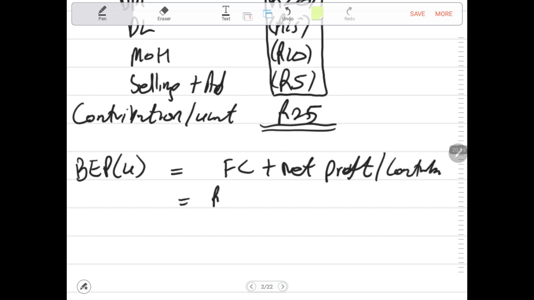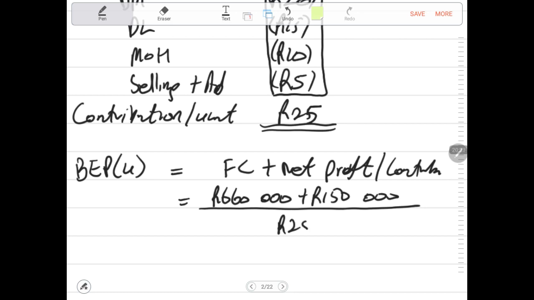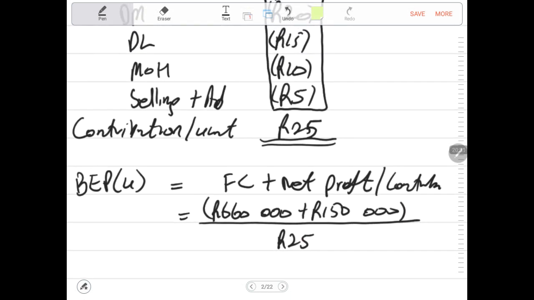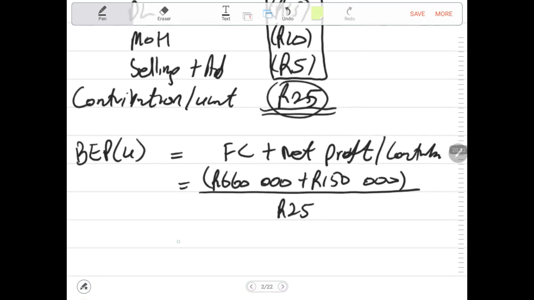We know that our fixed cost remained the same at 660,000 plus the expected profit by the owner of 150,000. Then we divide all of this by the contribution of 25 rand that we have already calculated in the previous question, because there was no change either on the selling price or on our variable cost.